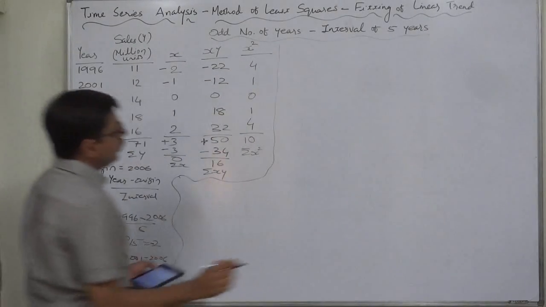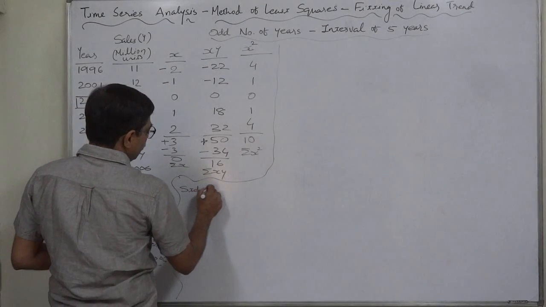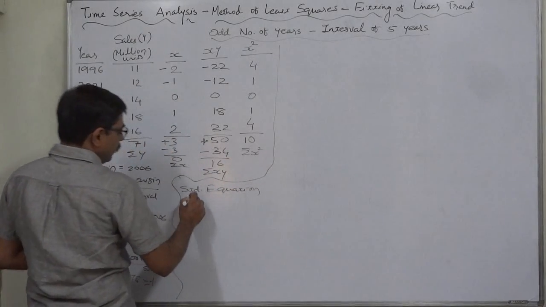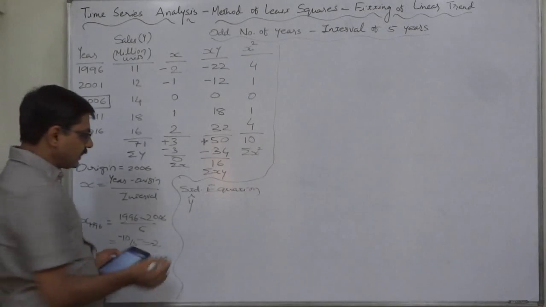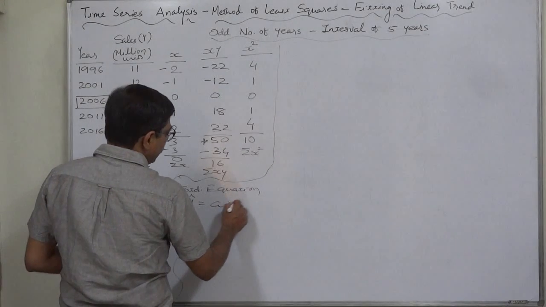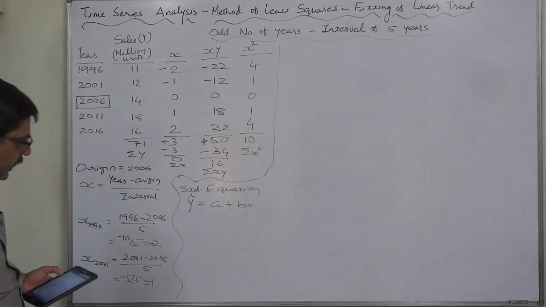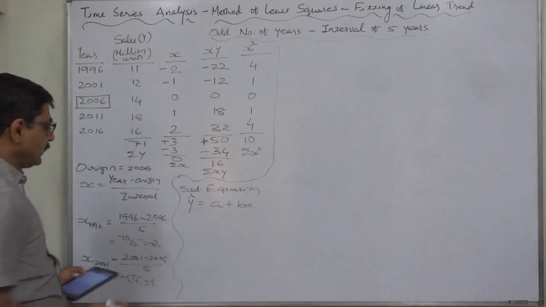Now the linear relationship, the standard equation is y, or y estimated, or y cap, or yc, many signs are used, equals a plus bx. This is something like the line of regression of y on x, more or less, not more or less, actually both are similar.